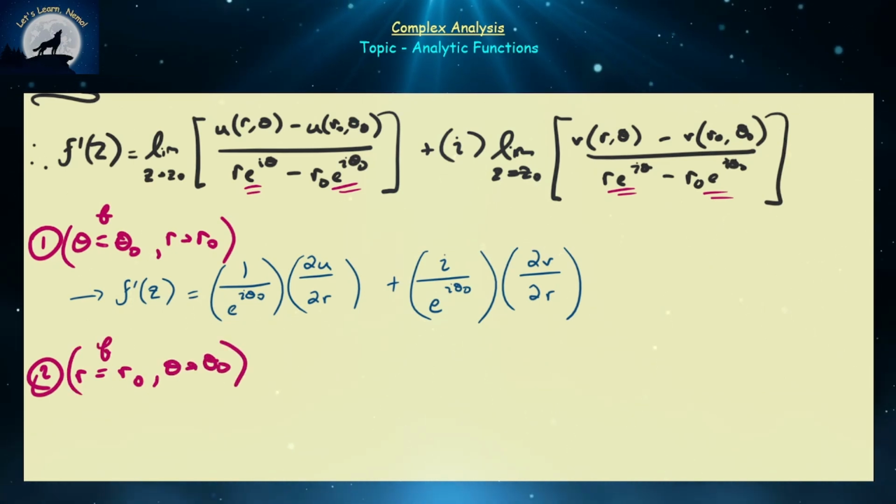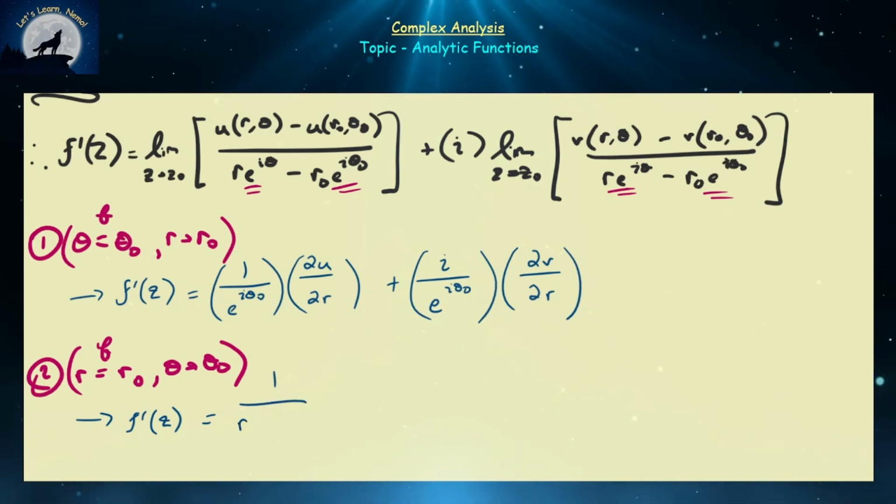Now you're not going to have directly a definition of derivative because you're going to have an e to the i theta minus e to the i theta naught. Yes, the 1 over r naught is going to factor out. So you're going to perhaps have to use some derivative rules, L'Hopital's rule in particular, possibly. There are a couple of ways to do it in order to get what you want. So obviously we're going to have our 1 over r naught.